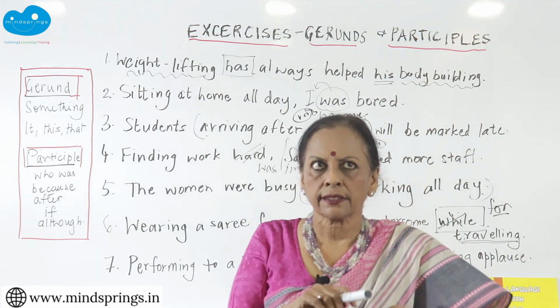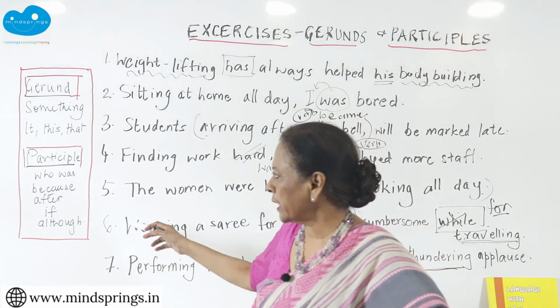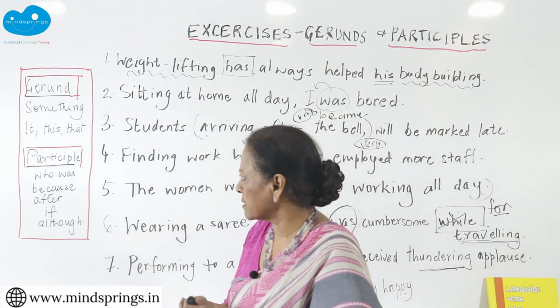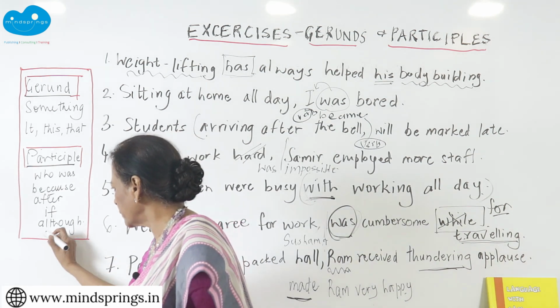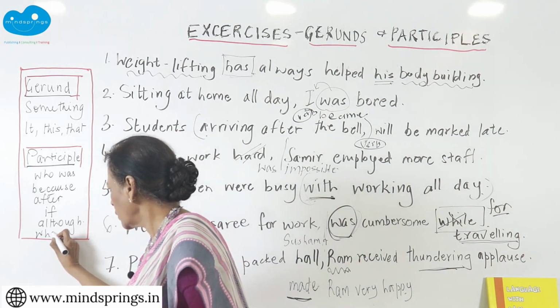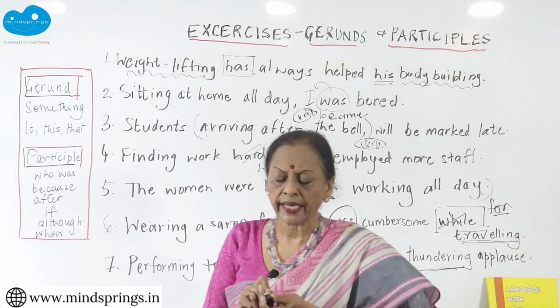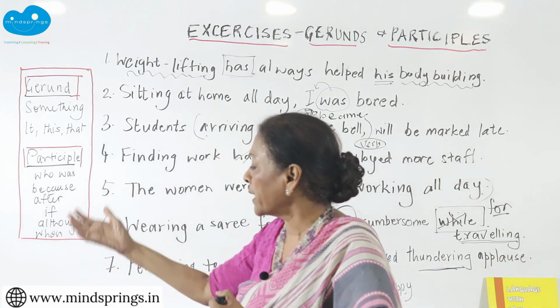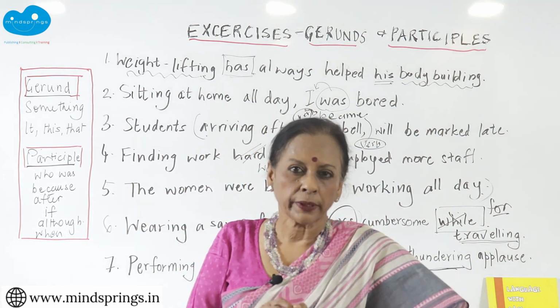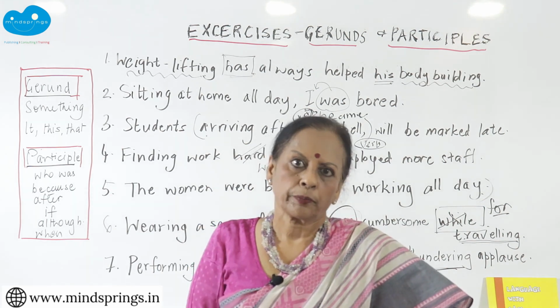Also think of the links. Can I put who was, or can I connect it with something like this? I can even put when, isn't it? Can I put a when or a because or something and make it adverbial? Just understand it properly.